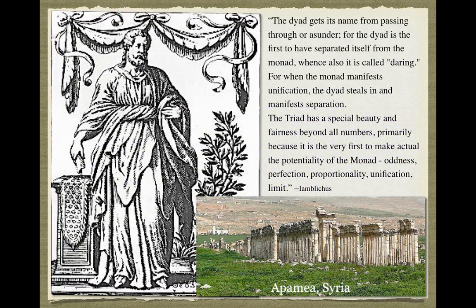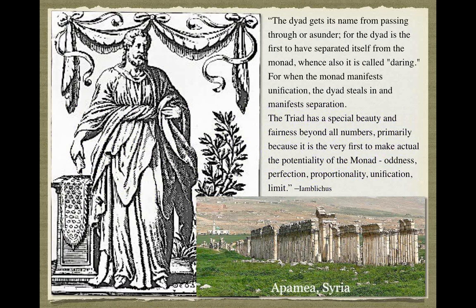Well, it's wonderful reading. In fact, since you're on, why don't you read this? I think you'll enjoy it. Okay. The dyad gets its name from passing through or asunder. For the dyad is the first to have separated itself from the monad, whence also it is called daring. For when the monad manifests unification, the dyad steals in and manifests separation.